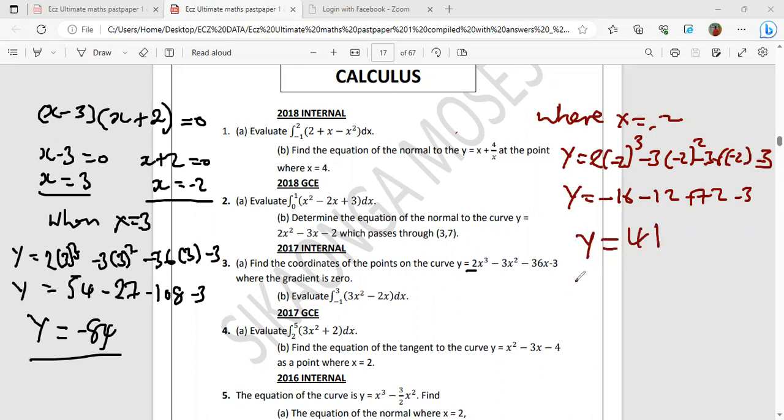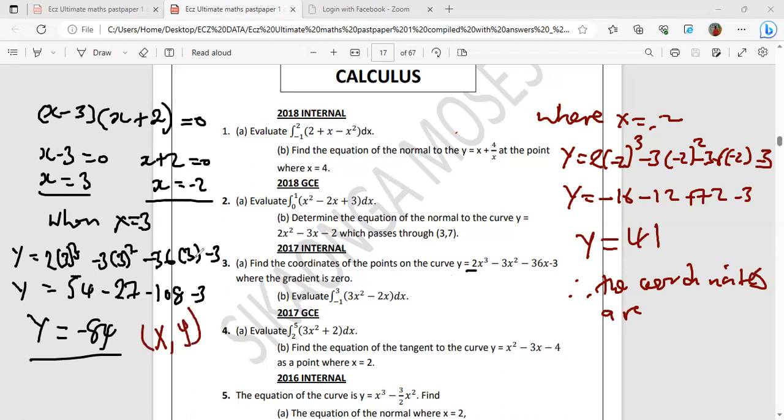So now you can conclude that the coordinates are as follows. We said a coordinate is always in the form x comma y.